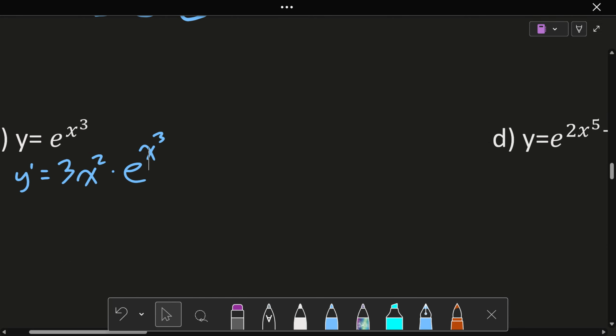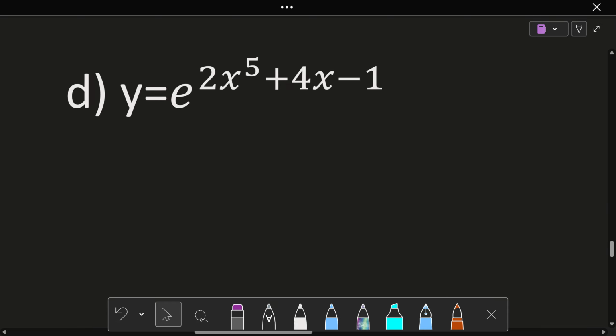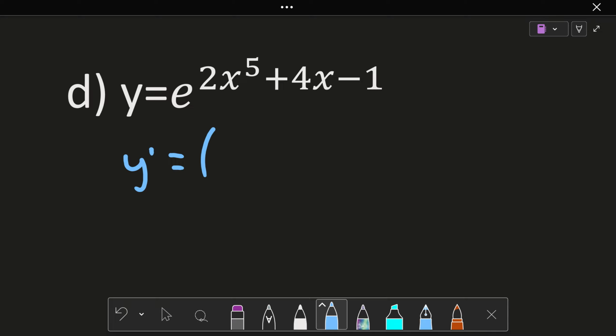So we can make these a little bit crazier with the exponent, but it's still going to be the same thing. We may need to include some brackets. So my derivative equals the derivative of the exponent. I can just use power rule a couple of times here, technically 3 times. So the derivative of 2x to the power of 5 is going to be 10x to the power of 4.